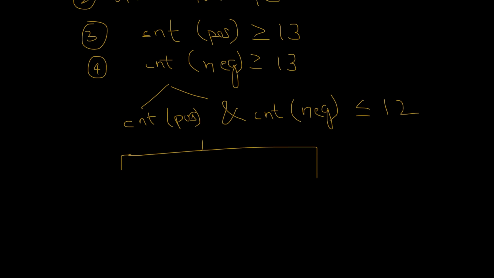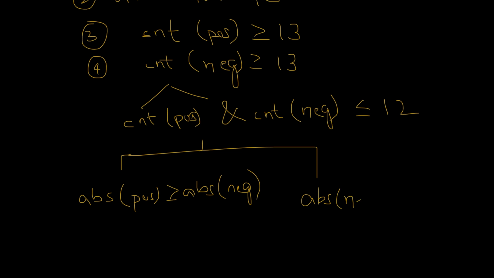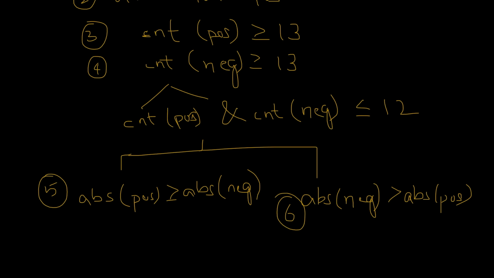One is when the absolute value of positive is greater than or equal to the absolute value of negative. The other case is when the absolute value of negative is greater than the absolute value of positive. So these are the cases. There are 6 cases. This is the fifth one. This is the sixth one. So these are the 6 cases.